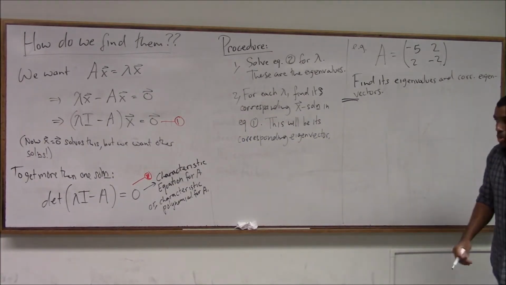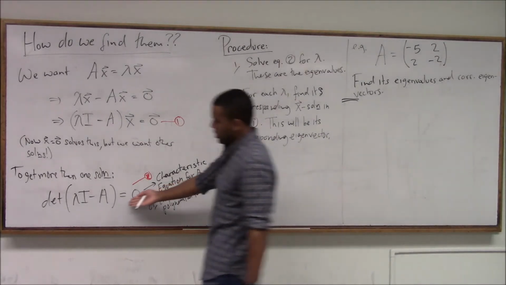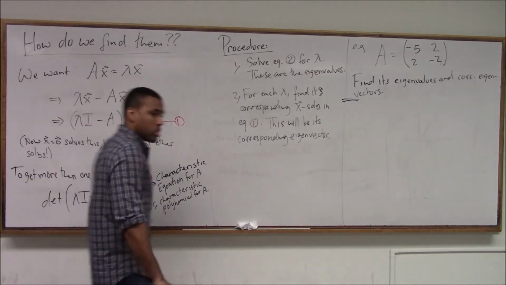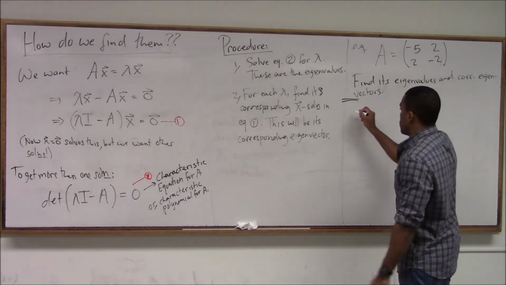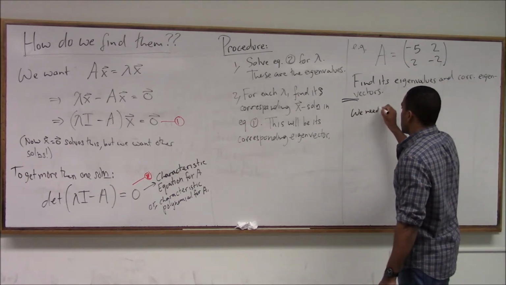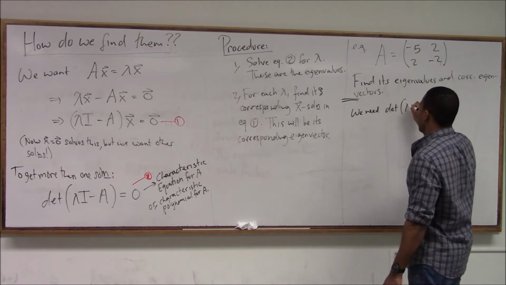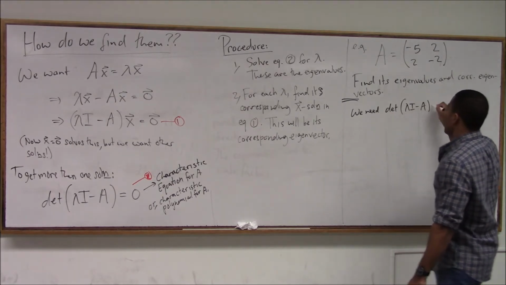So here's where we're going to jump into it. We're going to start with equation 2, solve for lambda, plug that into equation 1, and solve for the corresponding vector for that lambda. So we need the determinant of lambda I minus A to be 0.